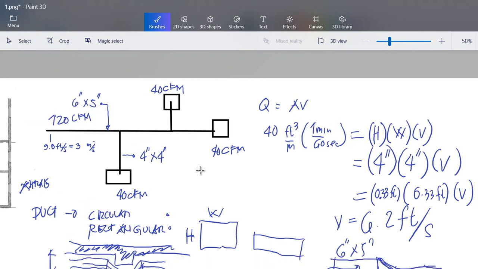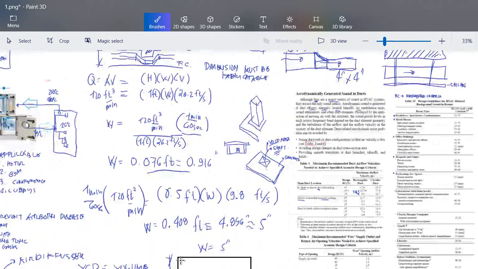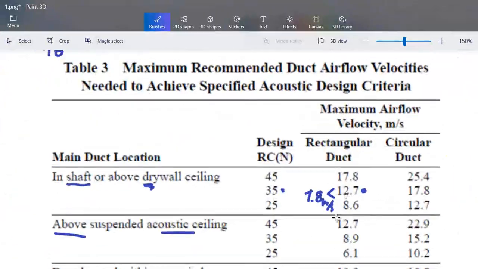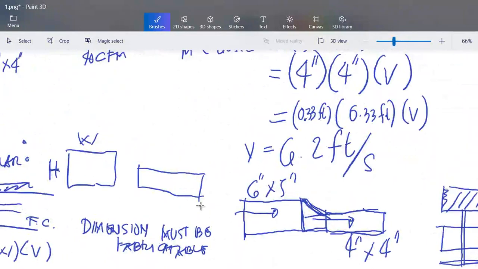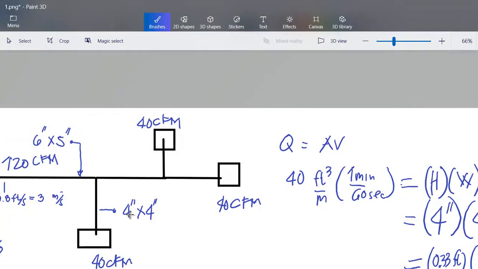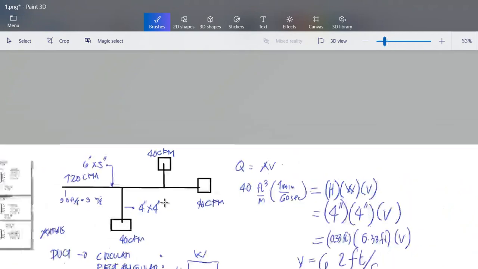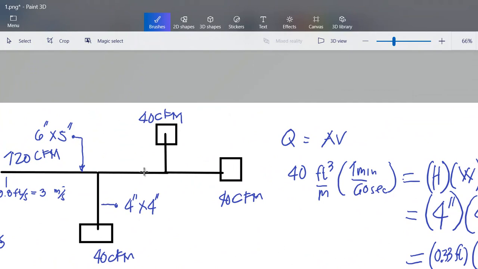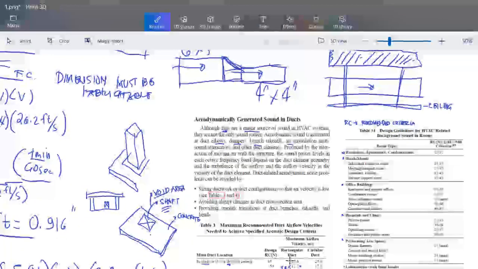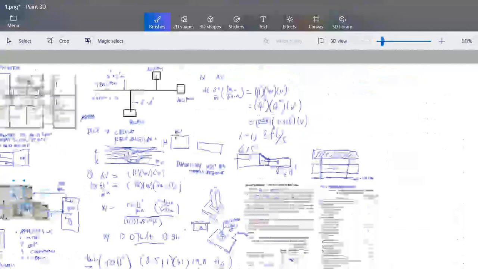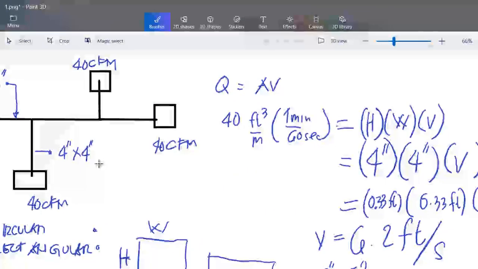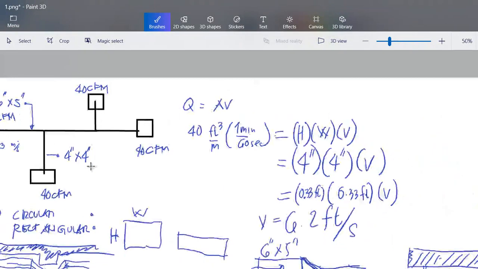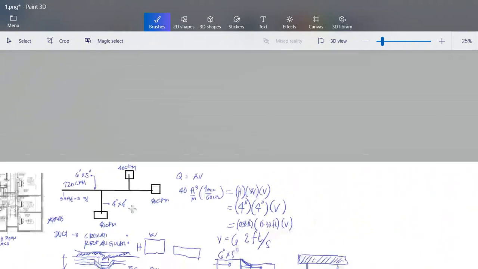Knowing that we have the criteria 12.7, now we can use 4 inches for all the branches. We're going to test if all these flow rates are below 12.7. Since 4 inches by 4 inches, we can no longer go smaller.